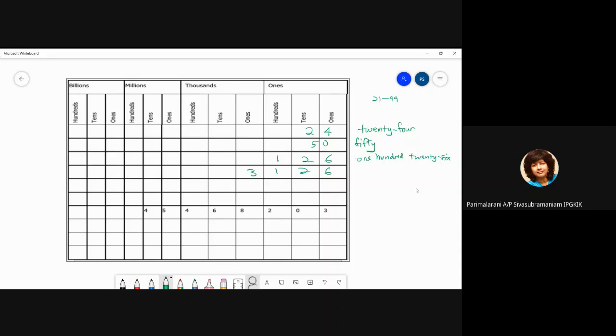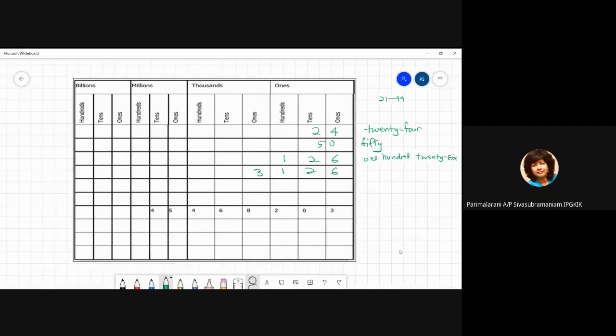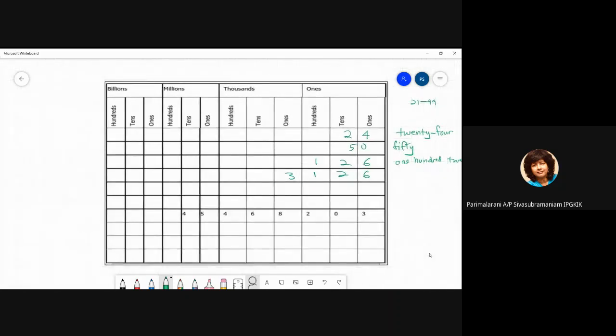So when you have a number that has more than 3 digits, like this 3,126, normally if the number is 4 digits, there is no spacing between the numbers. We write it like this. But to read the number, normally we divide the number into groups of 3. 1, 2, 3. We divide the numbers into groups of 3.